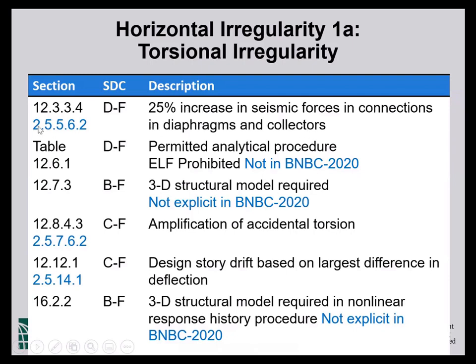It is also in 25562, chapter 2 of ASC 7 of BNBC. Okay, so in BNBC it is in two places, 17738 or whatever the section that we read, and in 25562 same thing is said. 25% increase in seismic forces in connections and diaphragms.